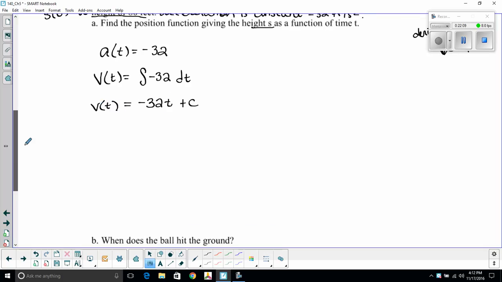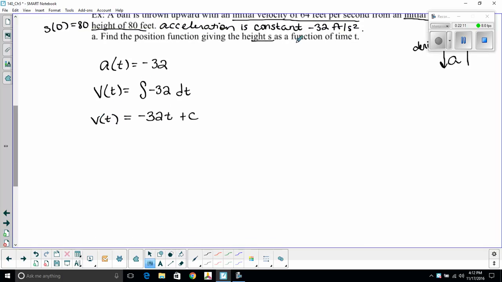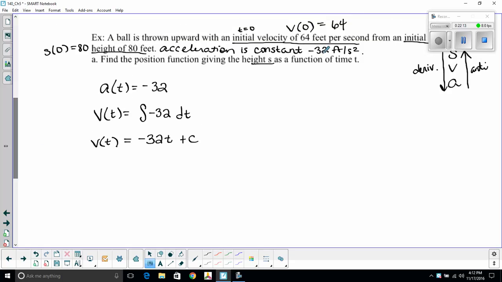I need to figure that out, but they gave me an initial, so v of 0, so 64 equals negative 32 times 0 plus c, so then 64 is c. All right, so v of t is negative 32t plus 64.